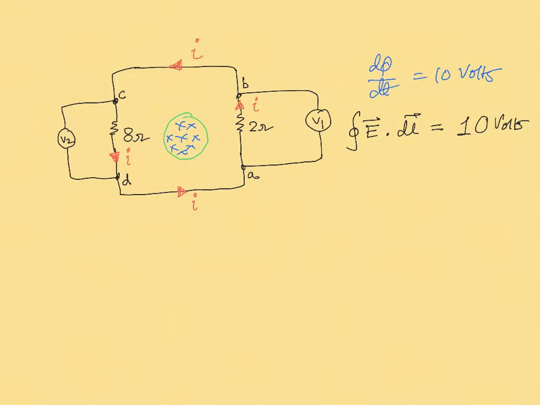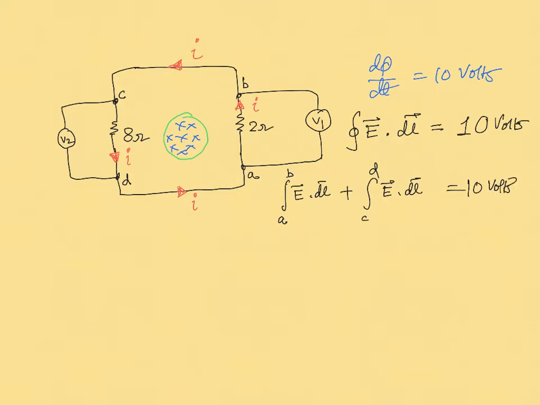So we can write the integral from A to B of E dot dl plus the integral from C to D of E dot dl is equal to 10 volts.